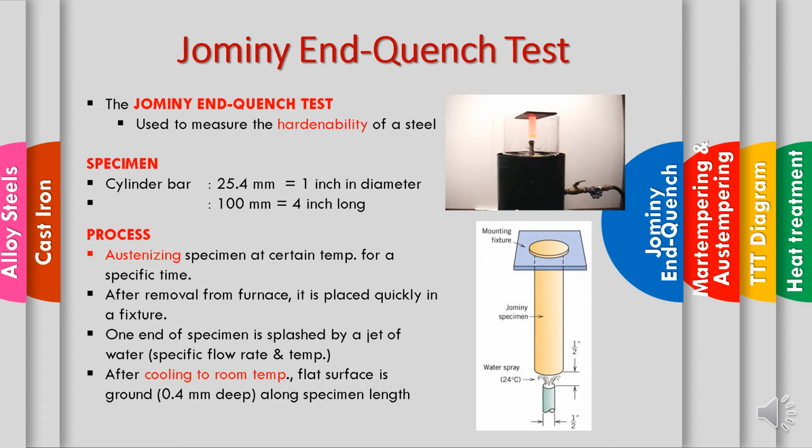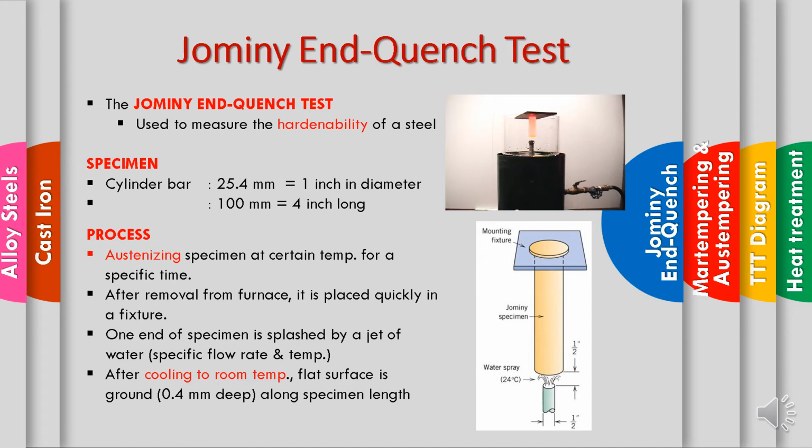The process is basically we heat the sample, austenitizing the specimen at a certain temperature for a specific time, and then after removal from the furnace, quickly put it in the fixture, something like this.